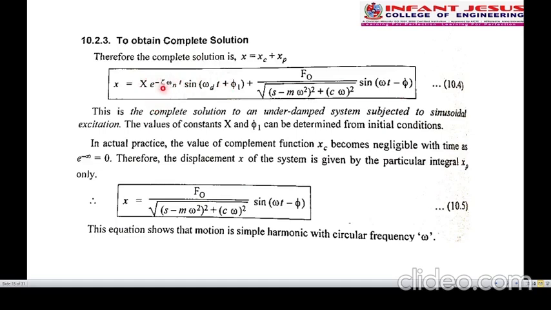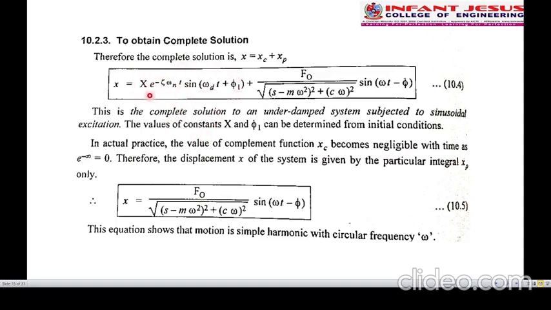Initially there will be some value based on the constants x and phi 1. Initially there will be some value of the function. As time goes by, when the time is increased, this term becomes 0 and the whole term becomes 0.